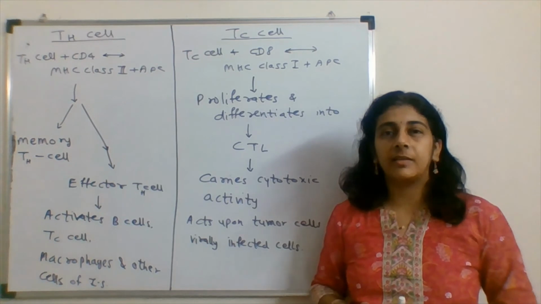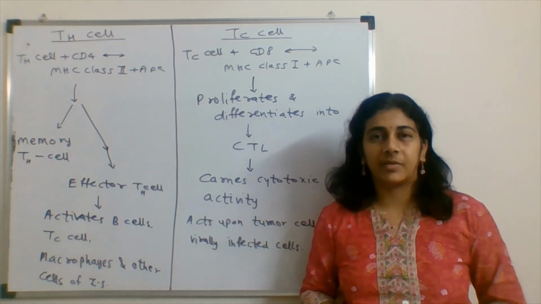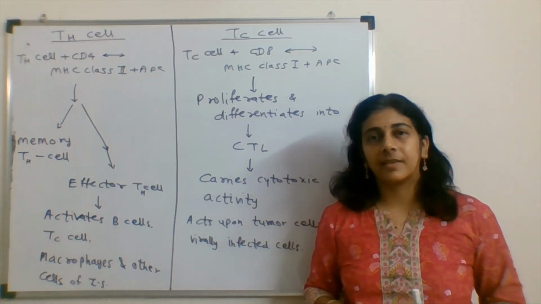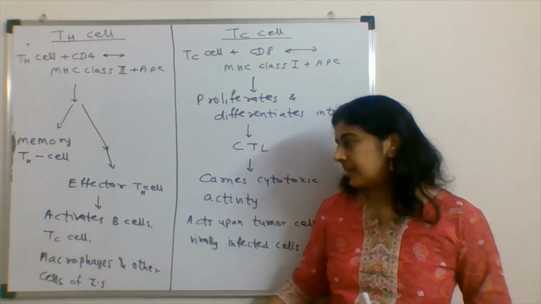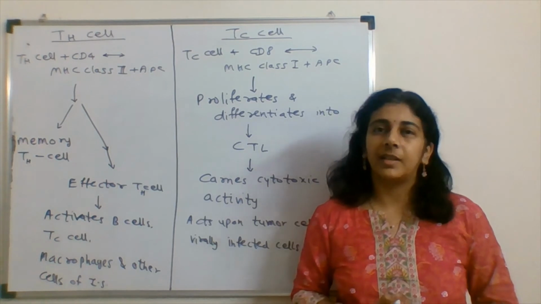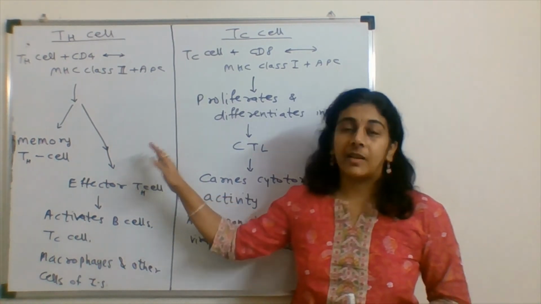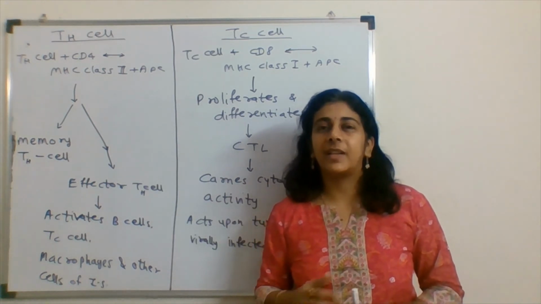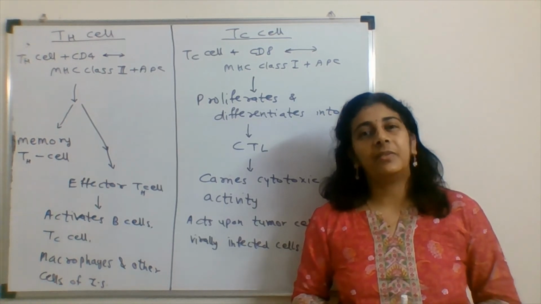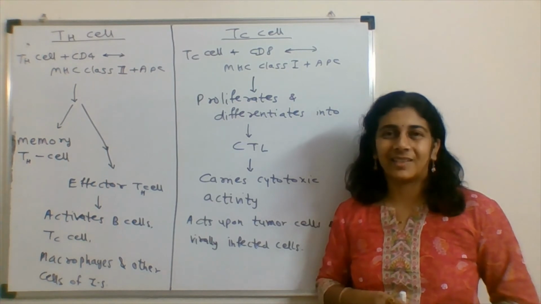These are proteins which go and activate other cells of the immune system. It activates B cells, T cytotoxic cells, macrophages, and also some other cells of the immune system. So T helper cells are very important as far as the immune system is concerned. It activates all the cells of the immune system, and also it has memory cells.